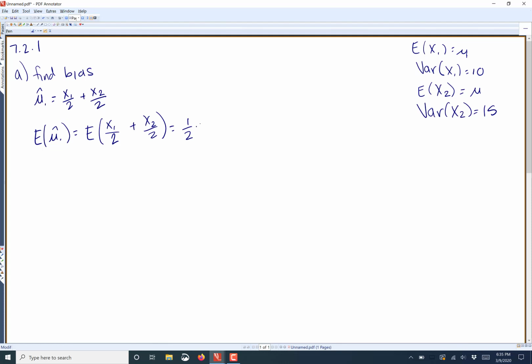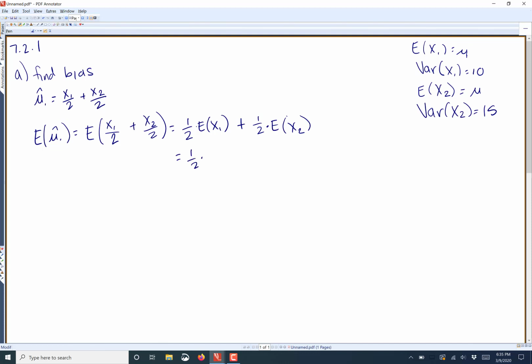So it'll be 1/2 times the expected value of x1 plus 1/2 times the expected value of x2. Again, those divide by 2 just come out as the 1/2, and then we just add the individual expected values for each random variable.